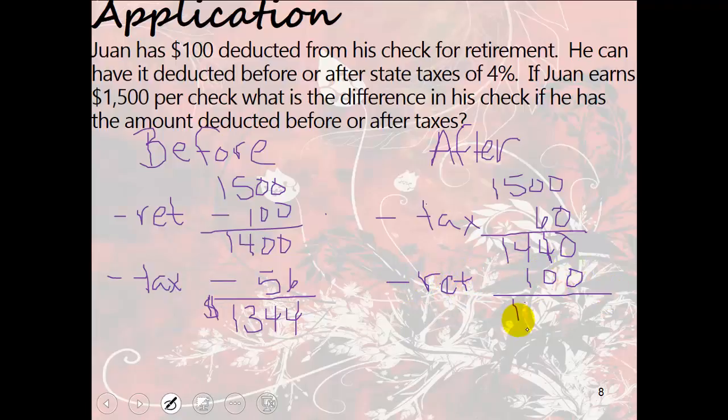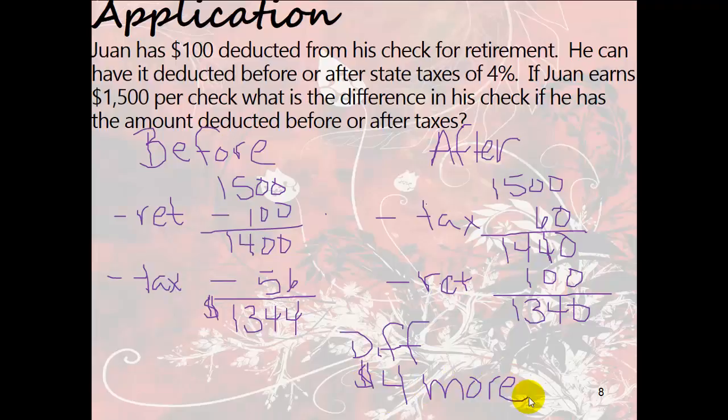And so that gives us $1,340. So it's beneficial for him to deduct it before he pays his taxes, because then you're paying 4% of a smaller amount. So the difference is $4 more. The difference is $4.